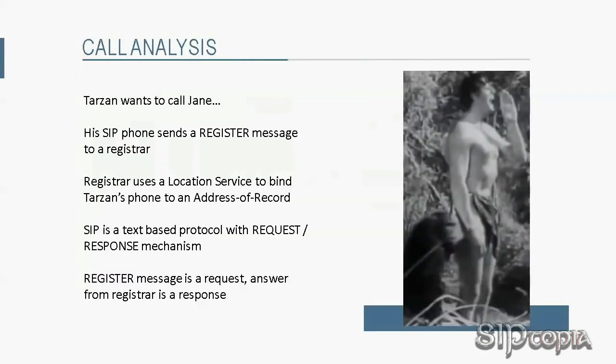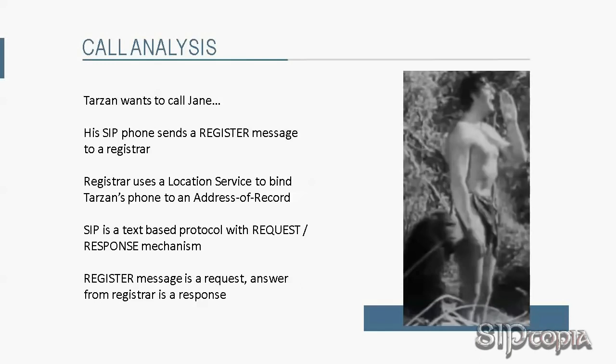So let's make this fun so that we understand this discussion better and we remember things from this tutorial better. Let's make it as fun as possible, going over an RFC. So let's say Tarzan wants to call Jane by using a SIP phone.